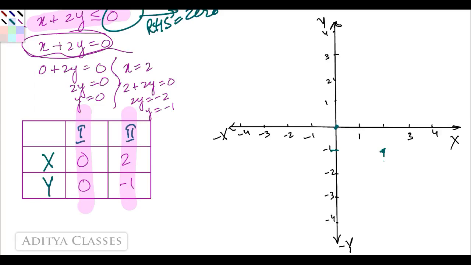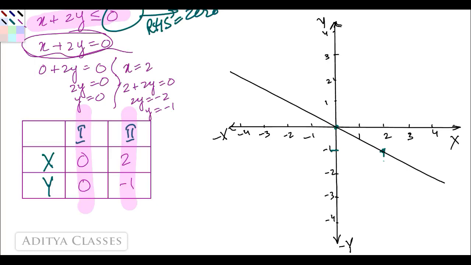Right? So, I have my point. Can I go ahead and plot this? Definitely. I have my first point, I have my second point. This becomes my constraint. This is my constraint.